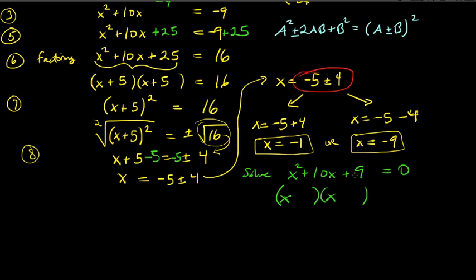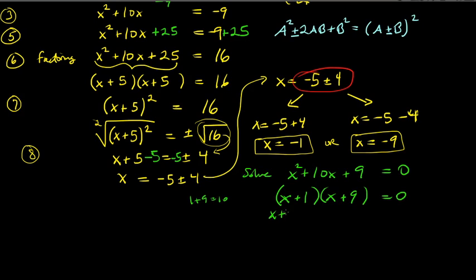What two numbers multiply to 9 and add to 10? Well, there's only two ways of doing this, right? 3 times 3 is 9, but 3 plus 3 is 6, not 10. So what about just 1 times 9? 1 times 9 is 9, and 1 plus 9 is 10. So that works.